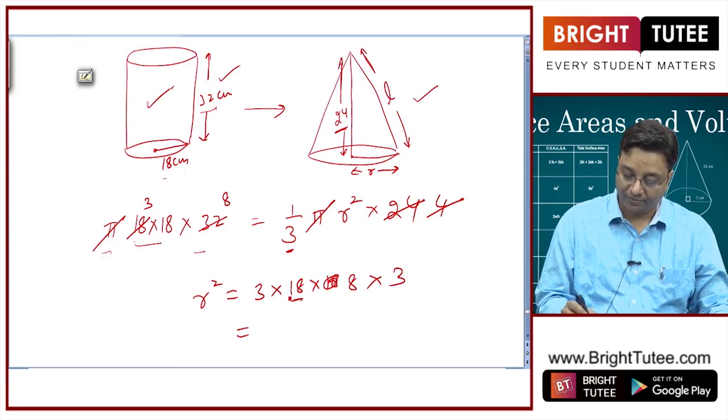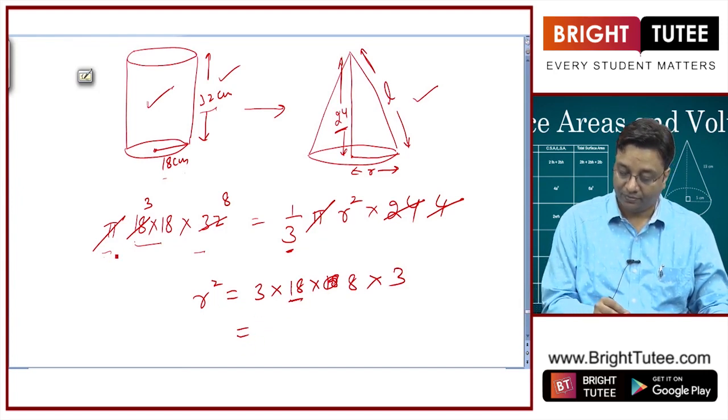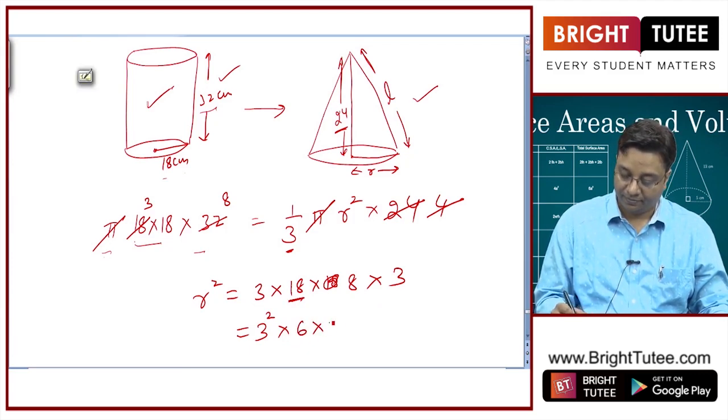So this is what? 3 into 3 is 3 square, and this is 6 into 3 into 8.